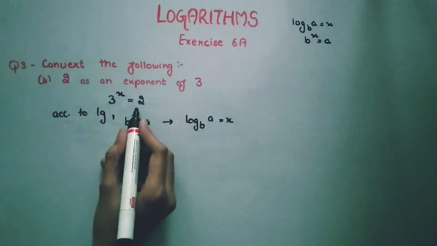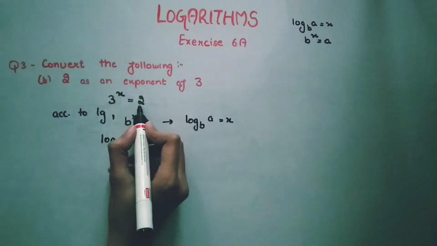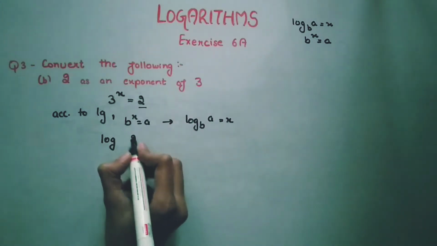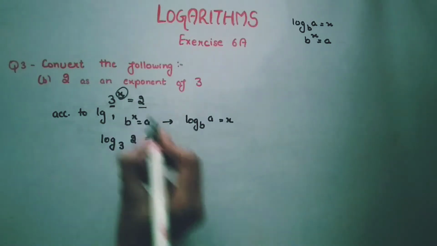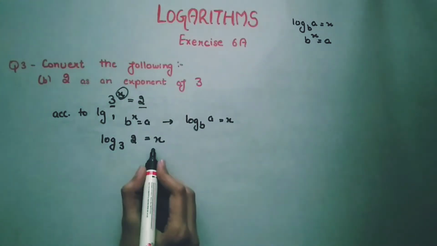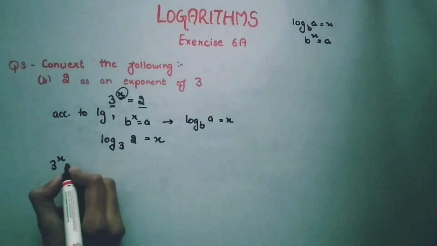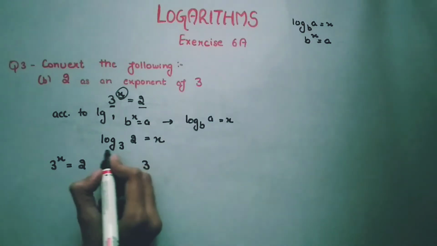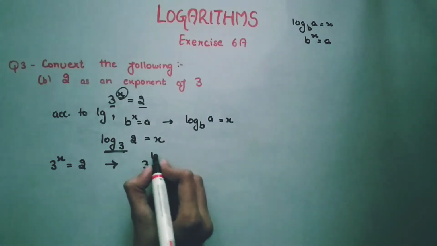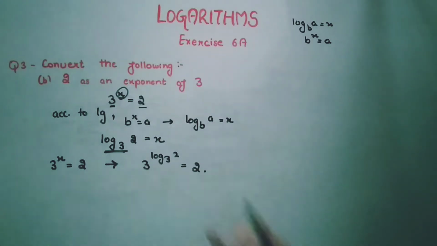So here log of a, that is 2, to the base b, that is 3, is equal to x. This is the value of x which we will put in this equation. The equation was 3 raised to power x equal to 2, so 3 raised to power log of 2 to base 3 is equal to 2.